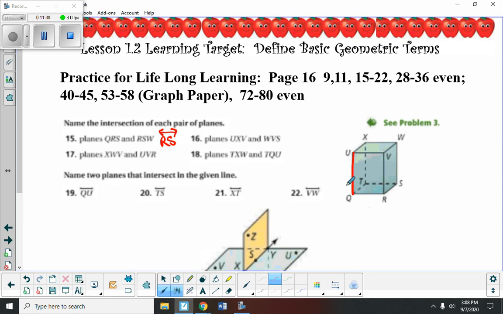So we would call that plane, we'll pick 3 letters, UQR. So that's the front. And then this side right here, so we would call that plane UXT. Or you could have said UQT.